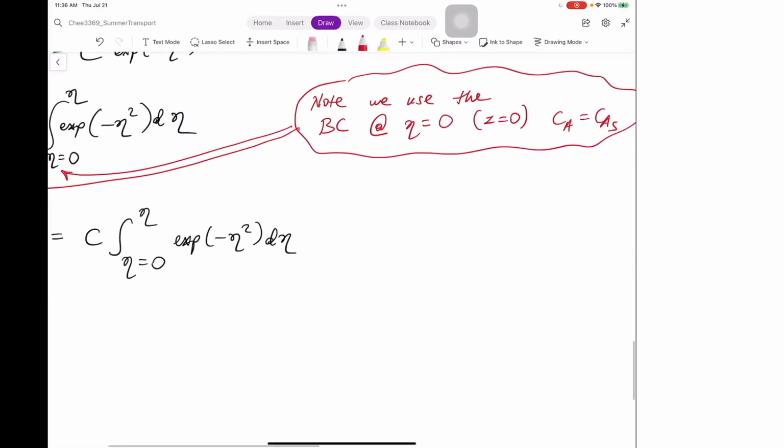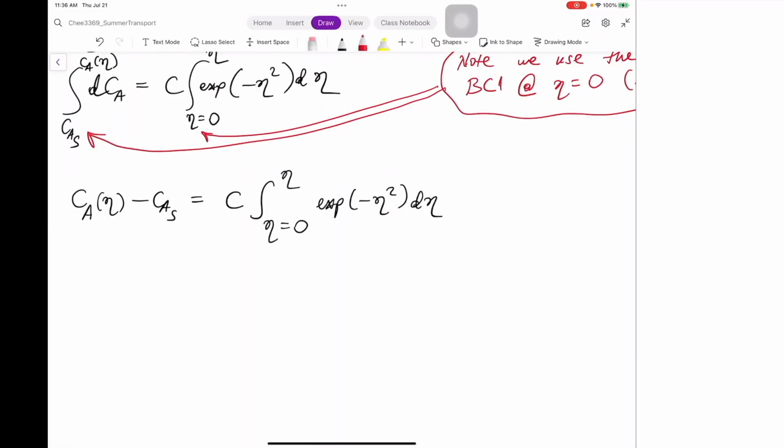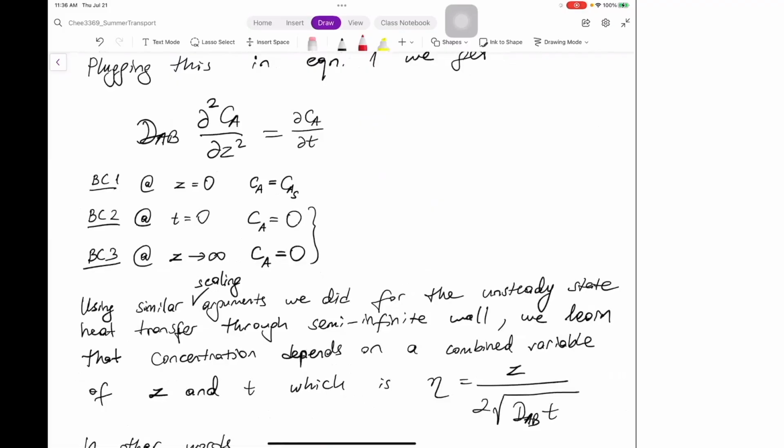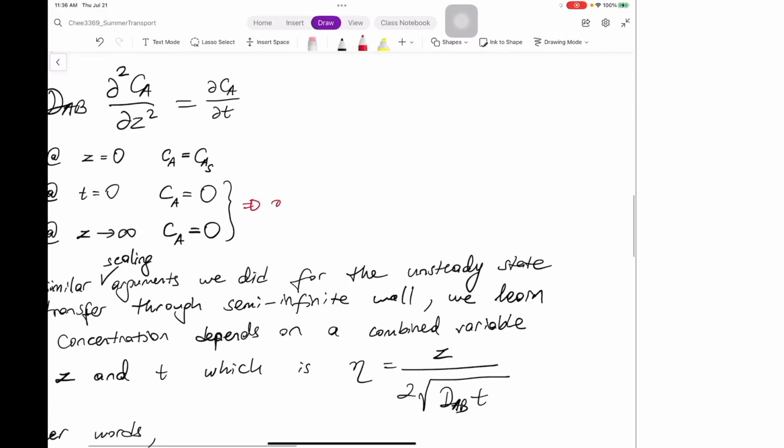Now let's use another boundary condition here. Let's have a look at these two boundary conditions. When t is equal to 0, eta goes to infinity. Similarly, when z goes to infinity, eta goes to infinity. So both of these boundary conditions mean that for eta going to infinity, CA is equal to 0, right?